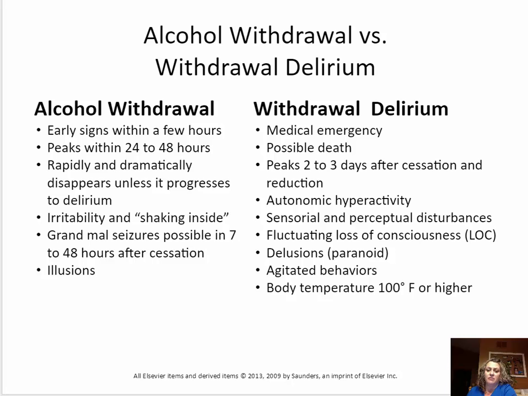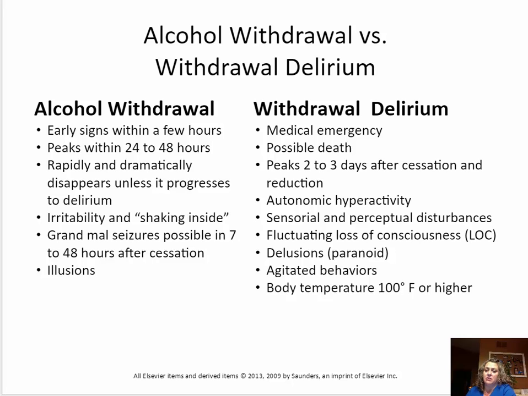And then it peaks within 24 to 48 hours. It rapidly and dramatically disappears unless it progresses to delirium. The patient may complain of irritability or feel like they're shaky inside. They may have grand mal seizures in 7 to 48 hours after cessation or after their last drink, and then illusions are also common.